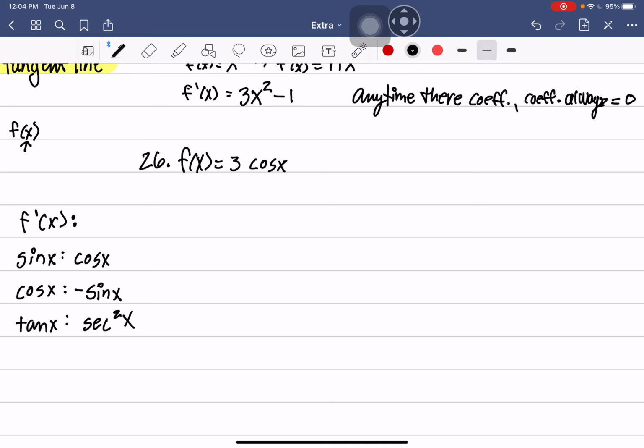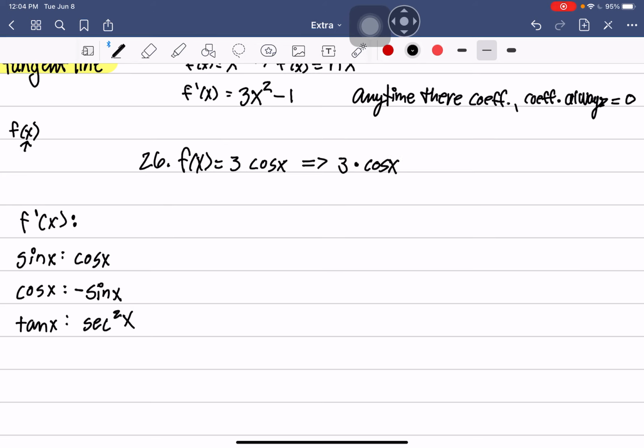Now, another tip of advice that my professor gave to me whenever we're going to do derivatives and all that stuff, is we kind of break down the problem. So what is this problem looking like? Well, it's saying 3 times cosine of x.